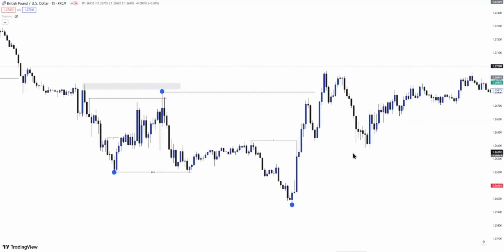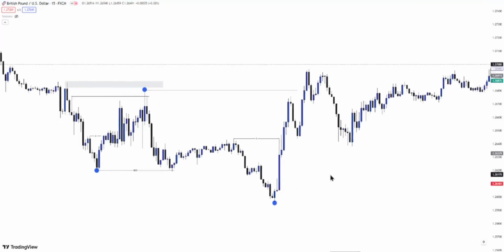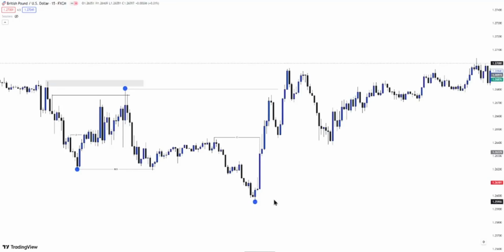All right. And now this becomes your strong low, because we are bearish now, this turns to strong low. Price didn't come down to take it out, so this is a strong low. All right. Now price created this high, but this high didn't take out any inducement.